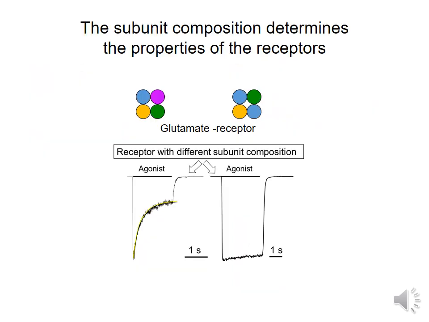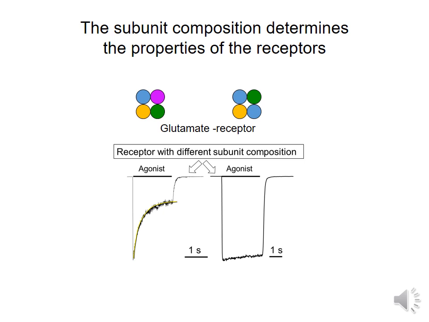In this example, I want to emphasize the diversity of the different receptors and their different subunit compositions and how subunit composition determines the properties of the receptor. This is an example of 2 different glutamate receptors composed of different subunits that are represented as different colors. And below you can see the responses of the 2 different glutamate receptors when they are exposed to the same agonist.